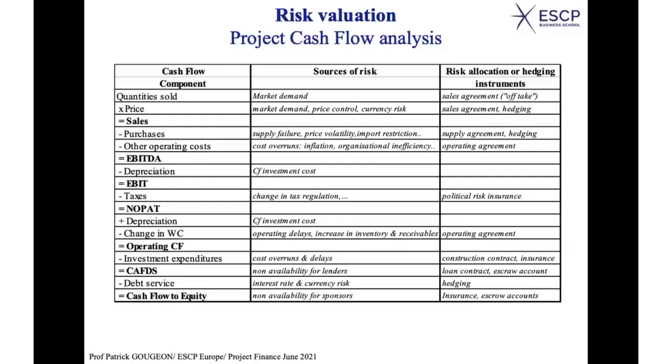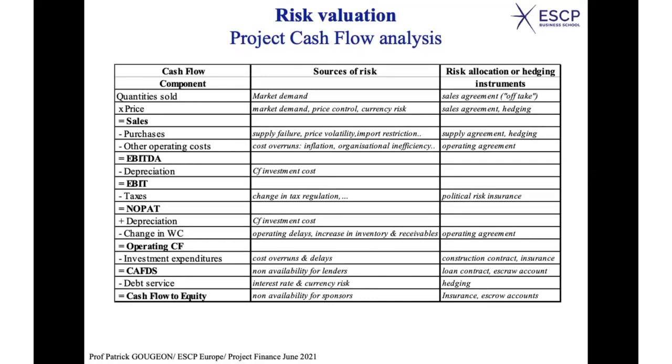Okay, purchases, you can have supply agreement and hedging again. Other operating costs, you can have operating agreement with some suppliers or the companies in charge of the operations, and you can transfer the risk to these operators in case there are cost overruns.